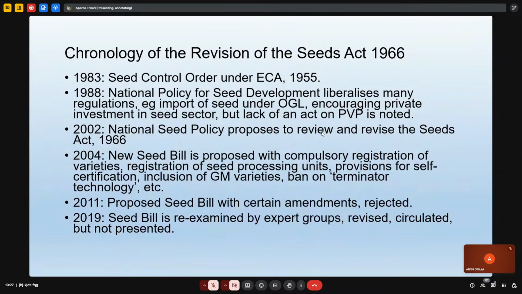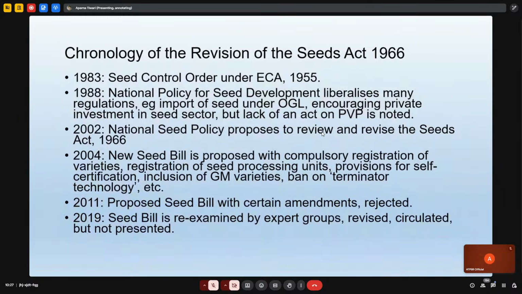It encouraged private investment in the seed sector, but at that time, the absence of plant variety protection was felt as a big gap. That prompted the enactment of the PPV&FR Act.